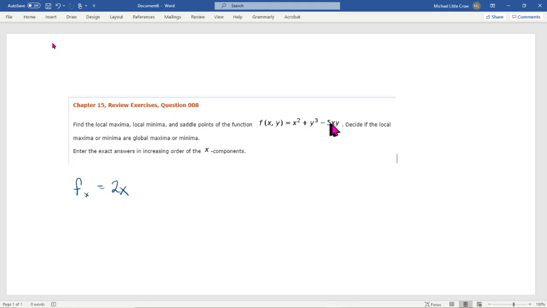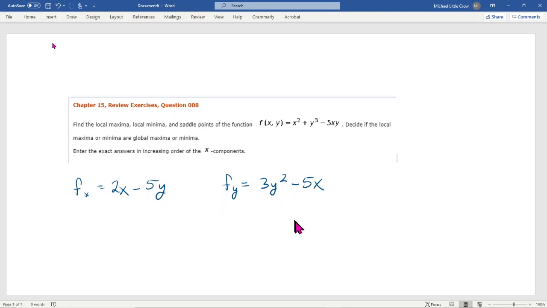You treat y as a constant, and then it'll be minus 5y. So it's a partial with respect to x, a partial with respect to y: the x squared, that derivative is 0, and so then we get 3y squared from this term, that's its derivative, and then the derivative of y here gives us minus 5x.